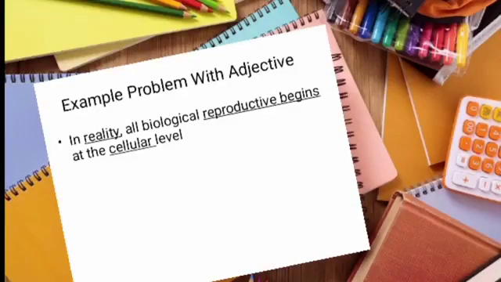Here I give you an example in problem with adjective. In reality, all biological reproductive begins at the cellular level. What is wrong, guys? And what is the correct answer? Okay, that's right.